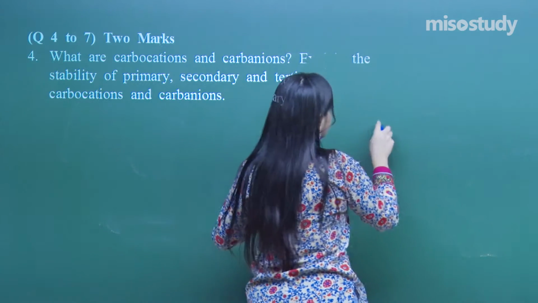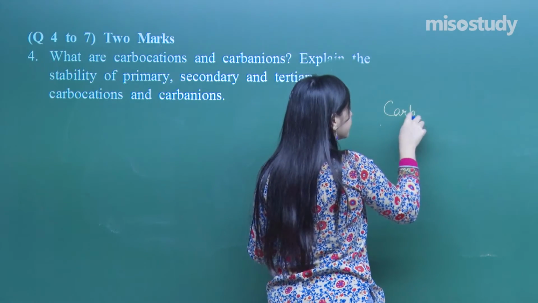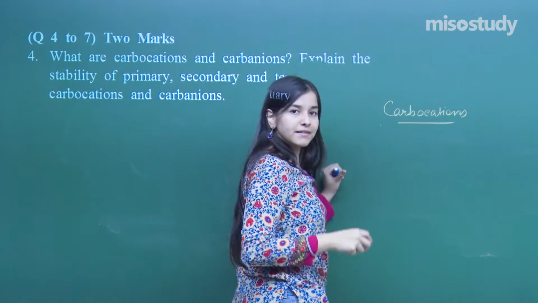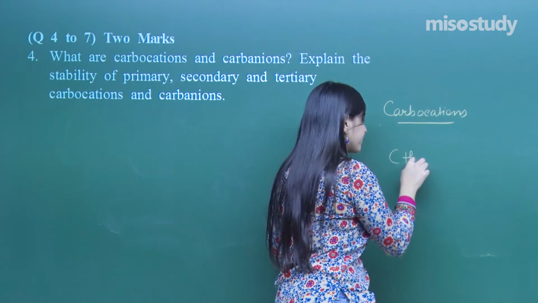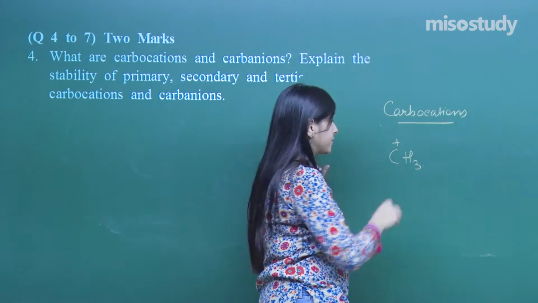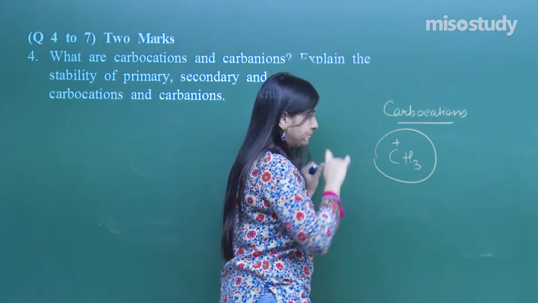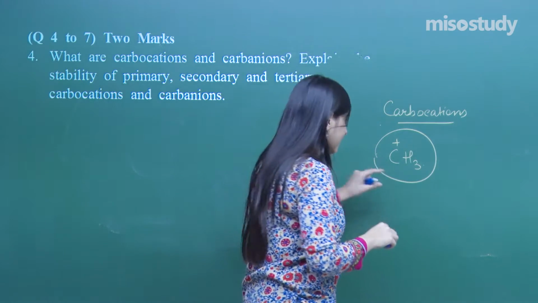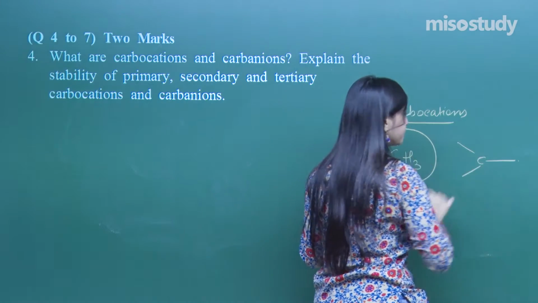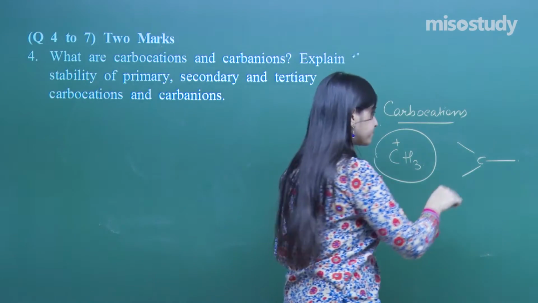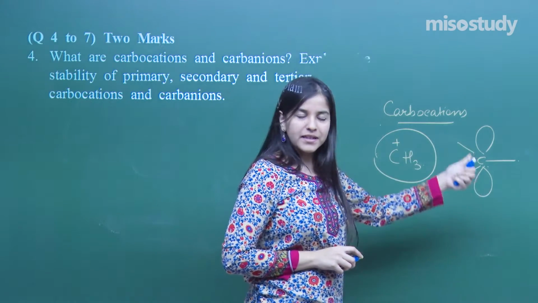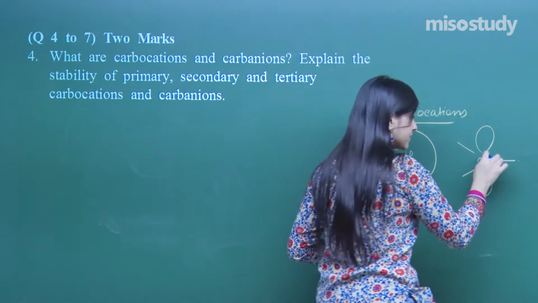So what is first of all a carbocation? A carbon, right? Let's see. It's a very basic structure that I have drawn here. It's a zero degree carbocation. So what is happening here is a carbocation is basically a species which is trigonal planar, you know this, having an empty unhybridized p orbital, right?